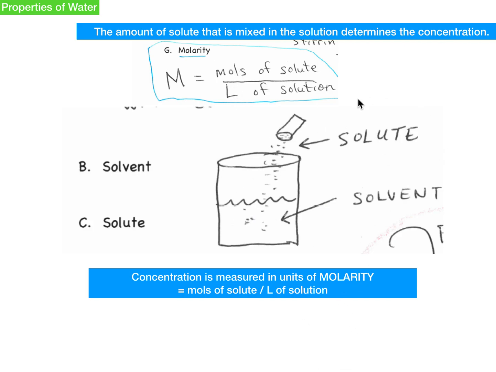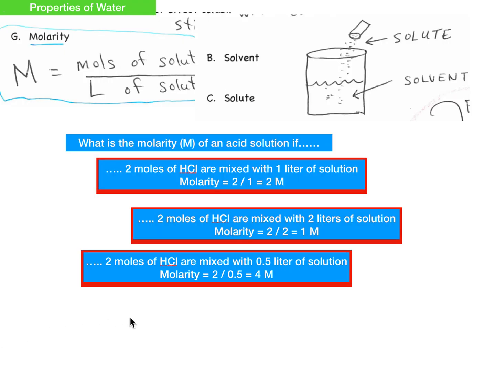And it's really just a measure of how many particles, how much stuff you dumped in. That's all it's a measure of. Let's look at a few examples, and this will help us as we look at acid and base solutions next week. So let's just say I'm making a solution. I dump in 2 moles of HCl in 1 liter of solution. That is a concentration of 2. 2 molar, the molarity is 2.